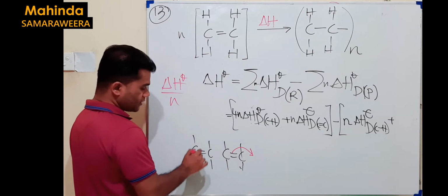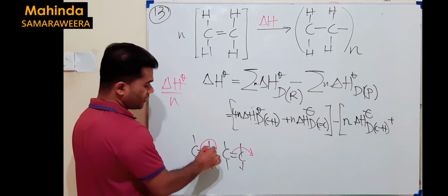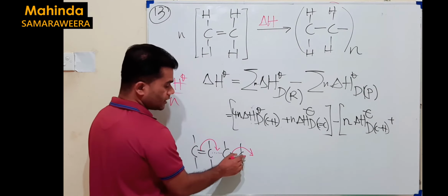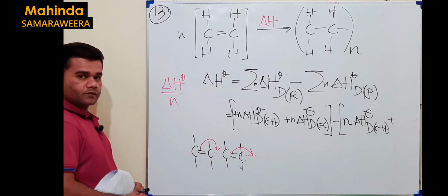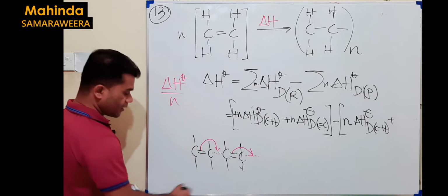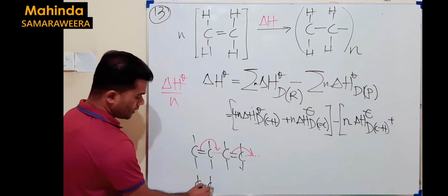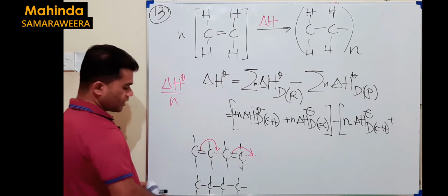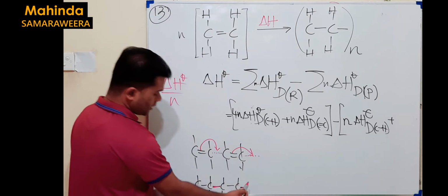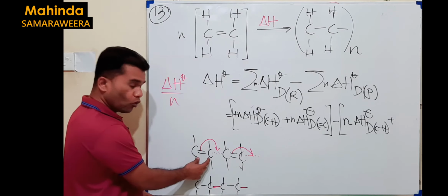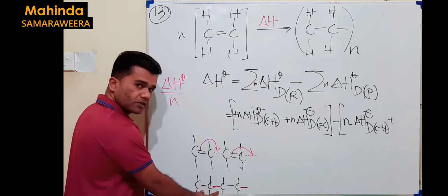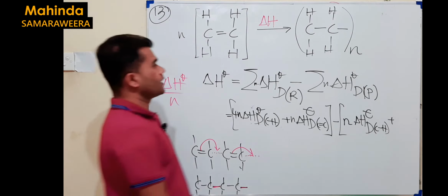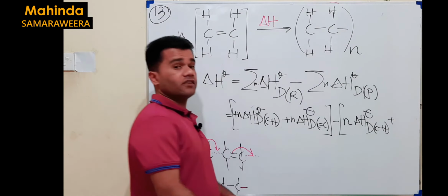To neutralize this positive charge, this pi electron comes in between these two, making a new bond. Here again there is another unit, and this makes a new C-C bond. If you carefully look at this, you will see what is remaining finally: single, single, single, single. But these two single bonds are formed as new bonds. So one monomer forms 2 C-C single bonds. Can you see that? That's why I represent another C-C bond here.